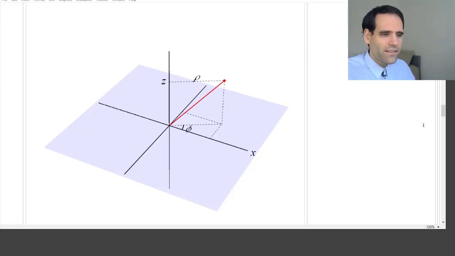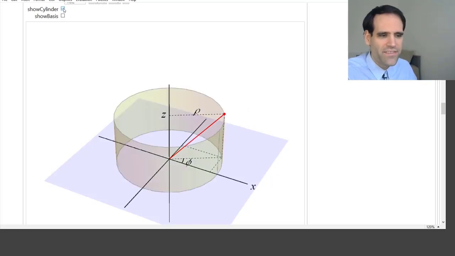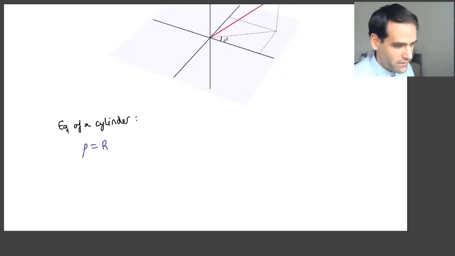And when are cylindrical coordinates particularly useful? As the name suggests, they are particularly useful to describe a cylinder. So what is the equation of a cylinder in cylindrical coordinates? It's just saying ρ equals the radius of the cylinder.